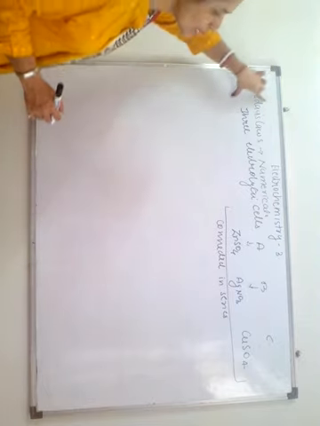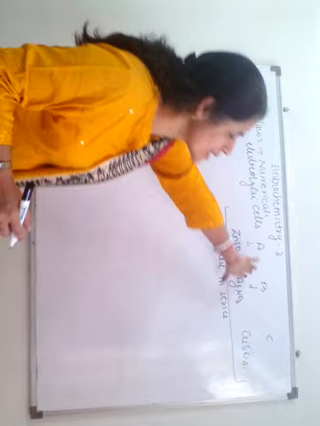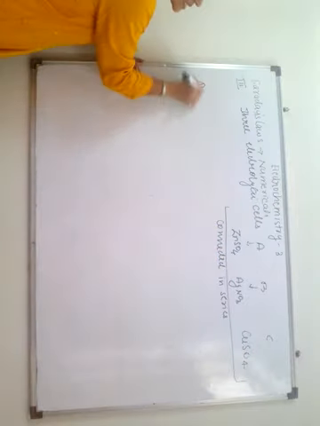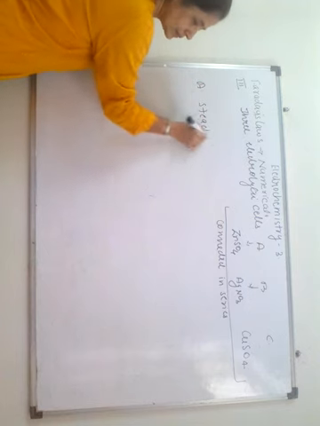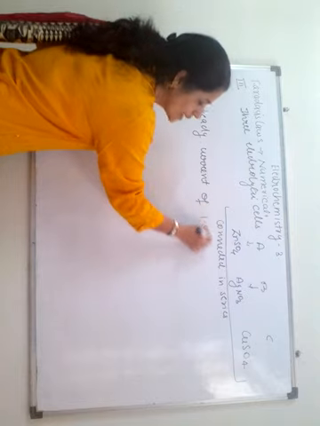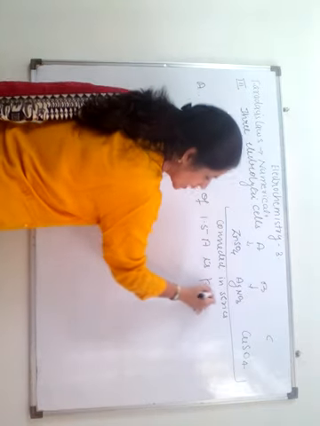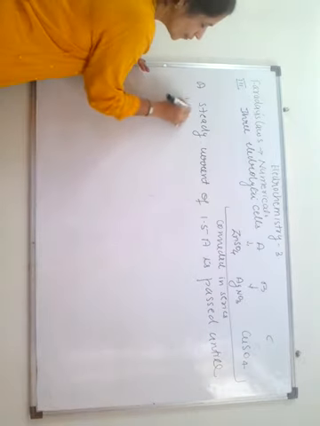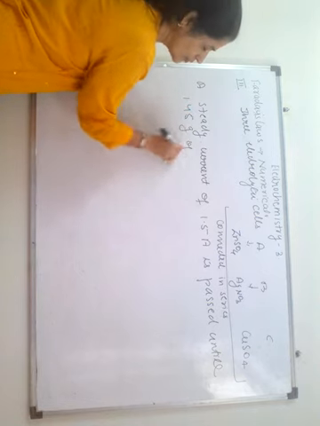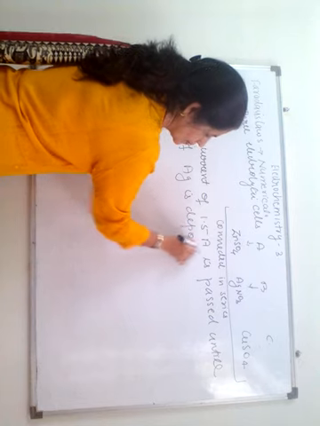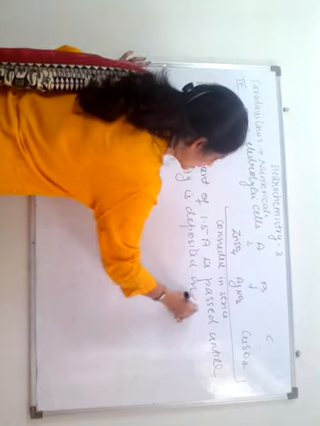Now, the question is 3 electrolytic cells A, B and C containing this are connected in series, and a steady current of 1.5 ampere is passed until 1.45 grams of silver is deposited in B.